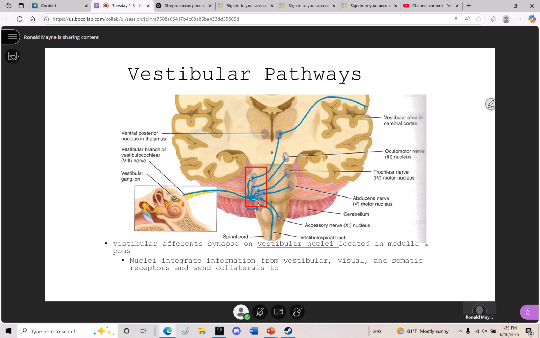We don't see it on this picture, but there's another descending bundle called the medial longitudinal fasciculus. And that's going to go to motor nuclei in the spinal cord that go to the muscles. You do musculoskeletal next quarter, right? Haven't done that yet. Okay.